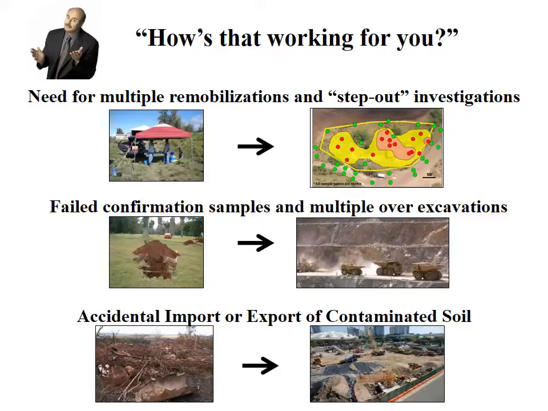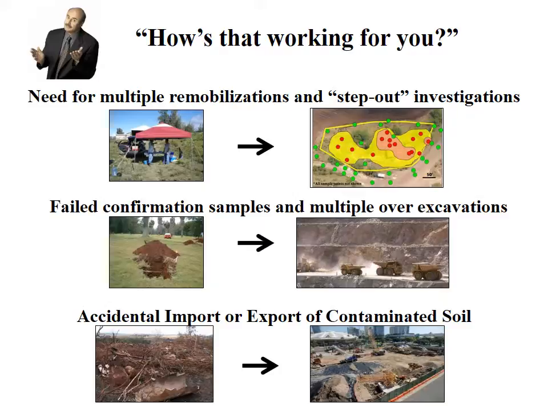Very common things you see in the field are a need for multiple remobilizations and step-out investigations to collect more and more discrete samples, really with no end in sight. And this has caused some site investigations to drag out for years. Another common problem expressed in the field is failed confirmation samples and multiple over-excavations after you've collected confirmation samples around the edge of where you thought the contamination was, carried out the excavation, collected additional samples, and found out there's still contamination there.